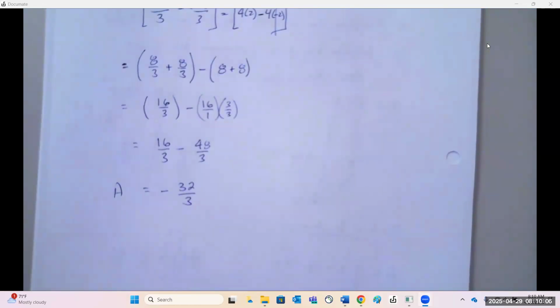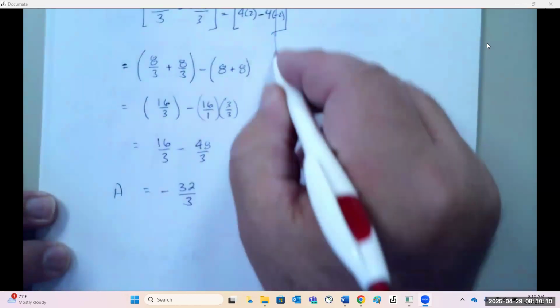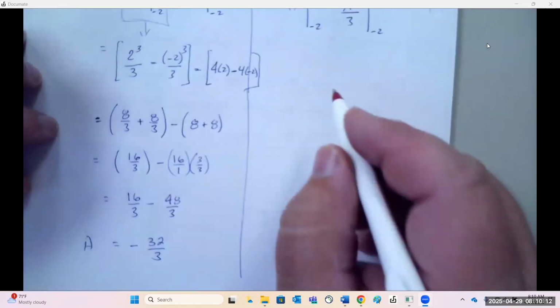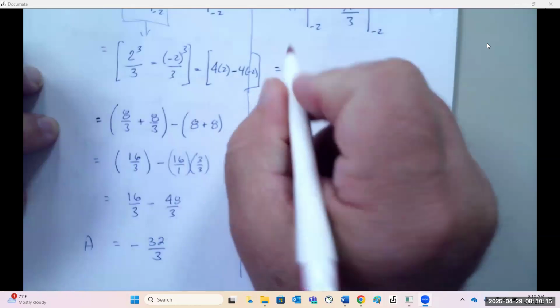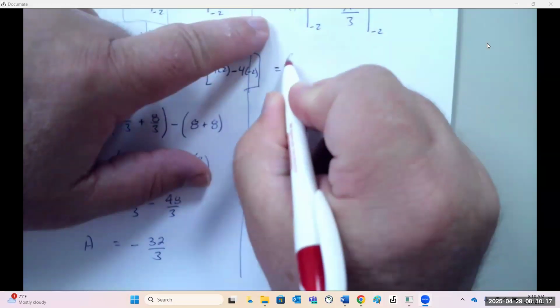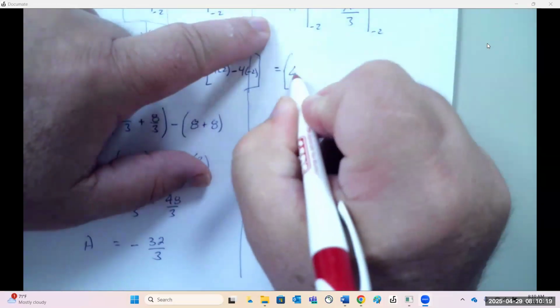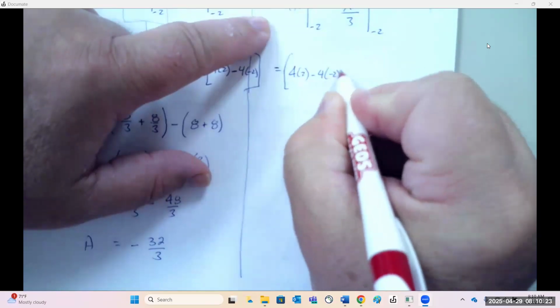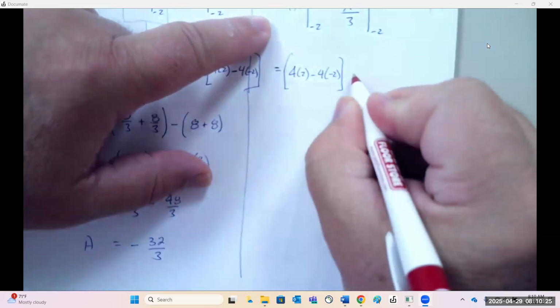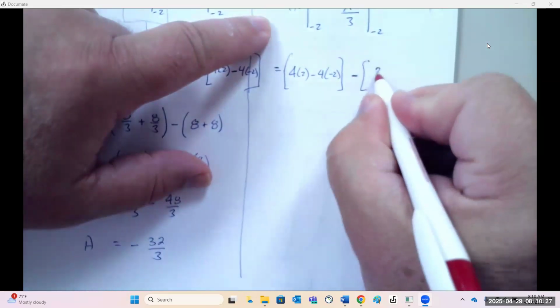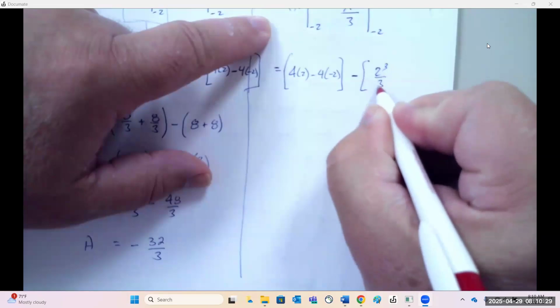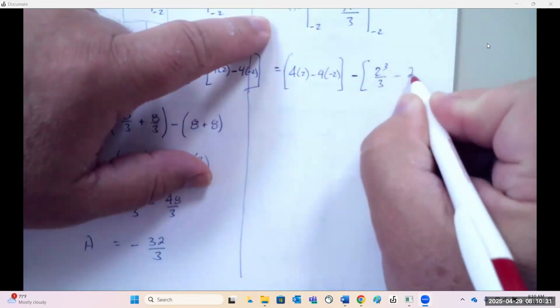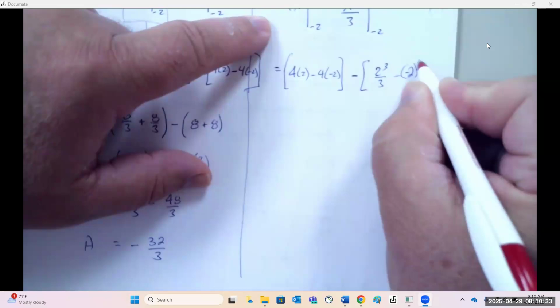Why is it negative? Let's do this while you're thinking. Let's do the next one. So here we have 4 times 2 minus 4 times -2 minus 2 cubed over 3 minus -2 cubed over 3.